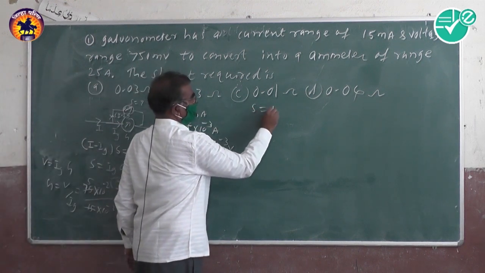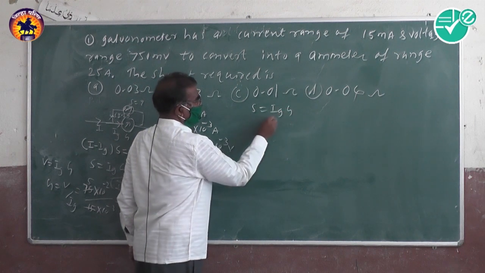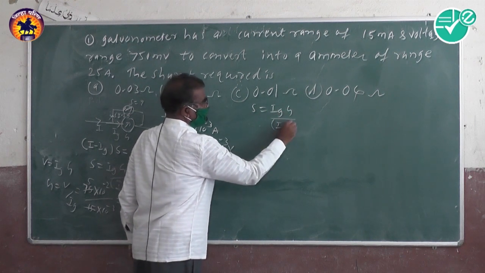S equals Ig into G divided by I minus Ig.